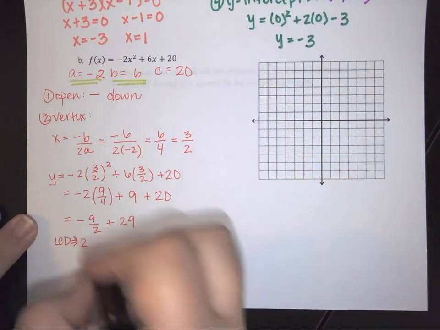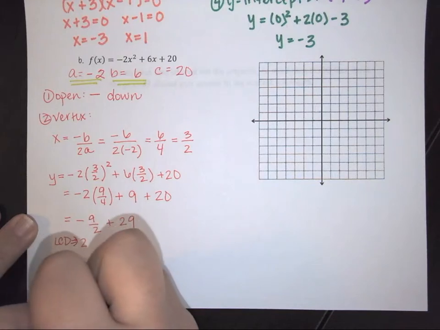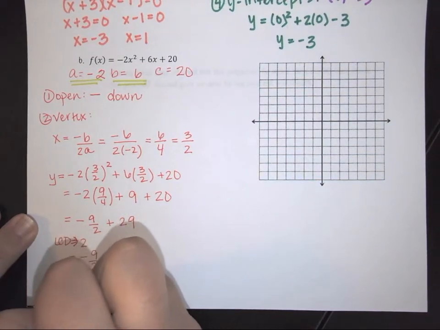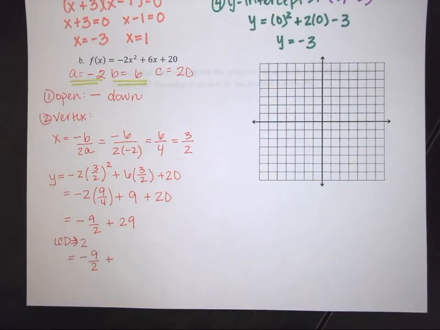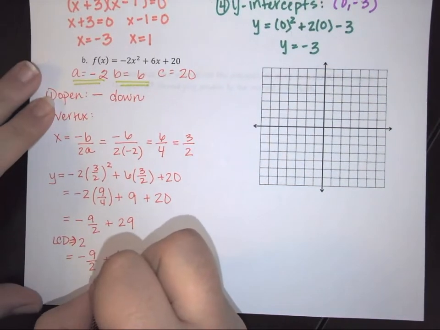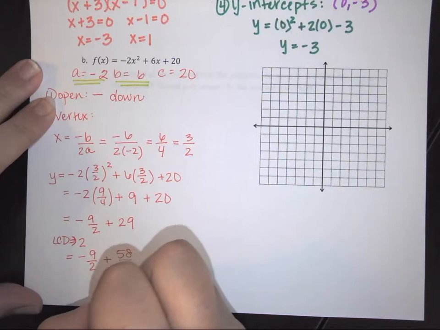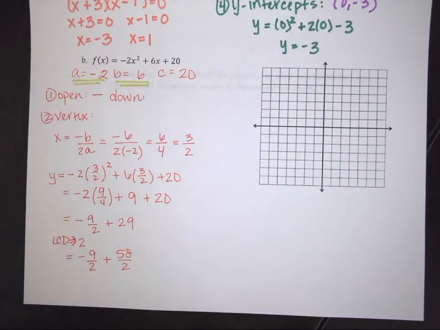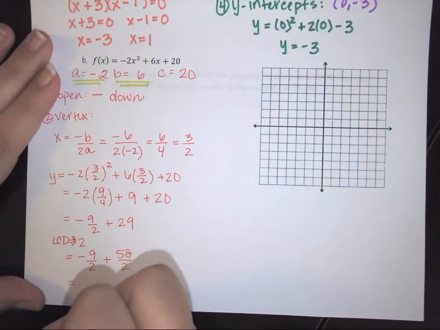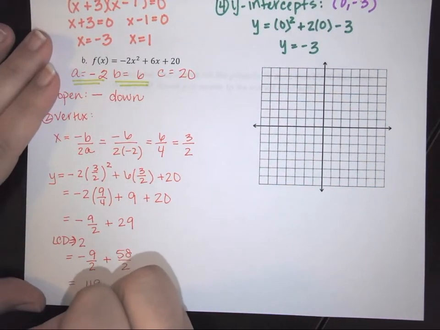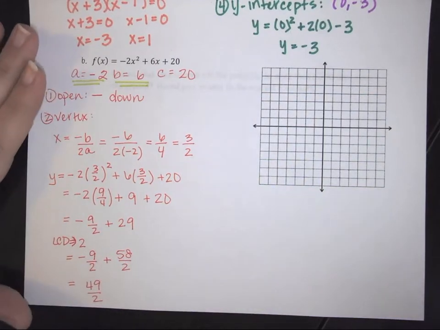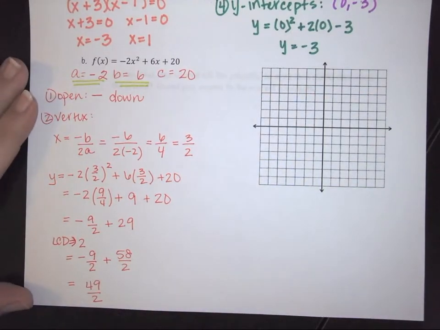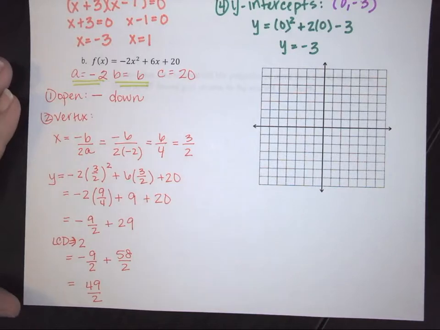Because it's going to be 2, our equation becomes negative 9 halves plus, and we have to multiply 20 by 2, which gives you 40 over 2. When we subtract 9 away, this is going to leave us with 49 over 2. And since that does not divide out evenly, that's how it stays.